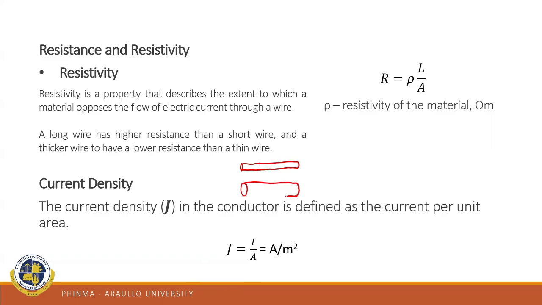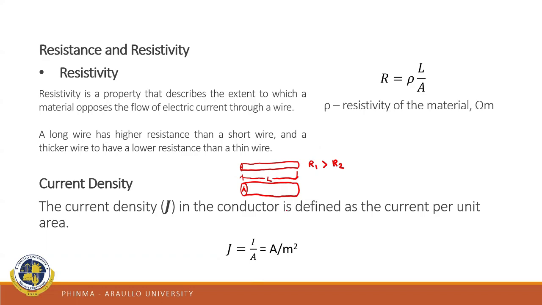Same length lang naman. So meron kang area dito, tapos may area ka. Tapos yung length natin is parehas lang. Ayan. So meron tayong length na L. Parehas lang sila. Pero yung resistance dito sa una is mas malaki kaysa sa resistance ng pangalawa. Actually, yung concept na to is eto lang naman. Pinasimple lang natin. Okay. Yung concept natin, yung long wire has a higher resistance than a short wire.